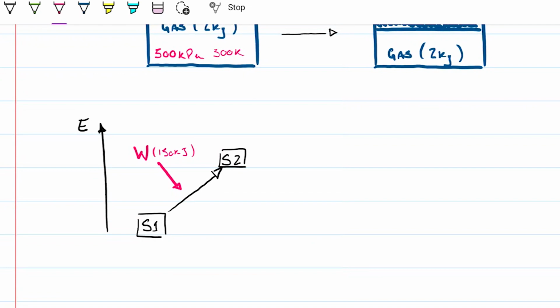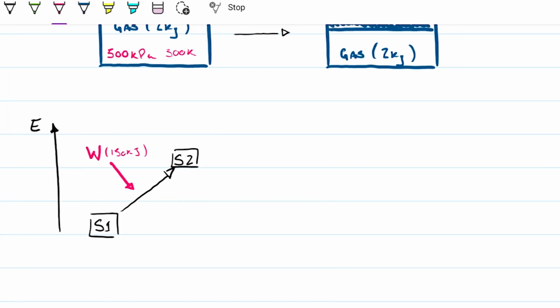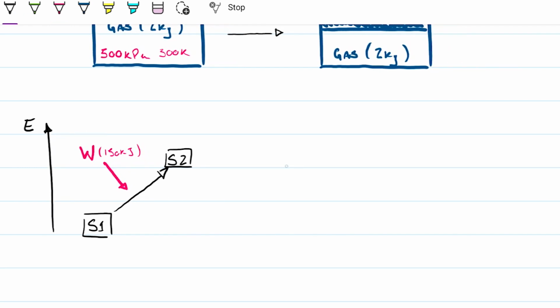My question to you is: if we are increasing by 80 and we're giving 150, does heat need to enter or leave my system? We give 150 to the system, out of which 80 are used for the internal energy to increase. That means 70 kilojoules will have to either enter or leave as heat.